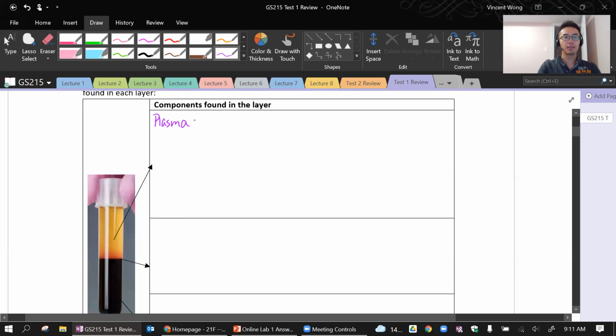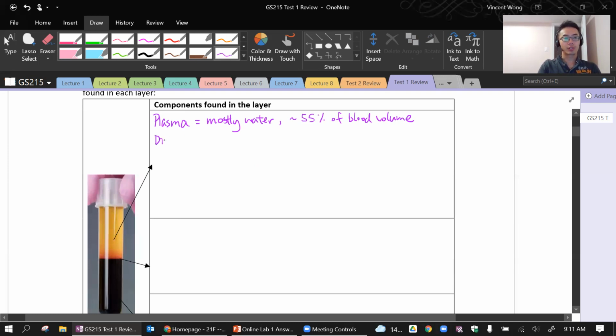So plasma, which is mostly water, right? Approximately 55% of blood volume. Okay.